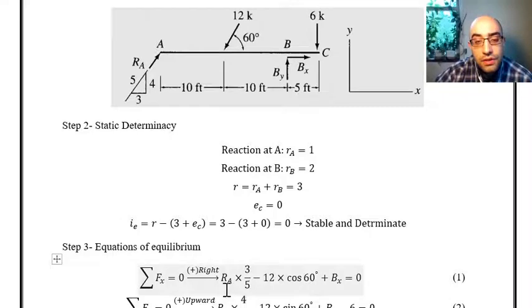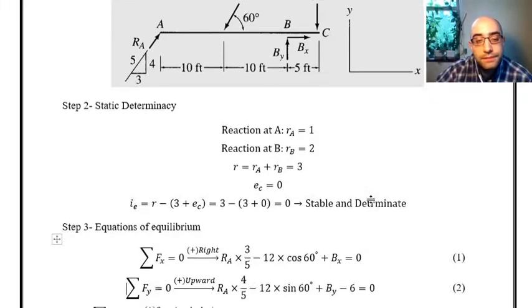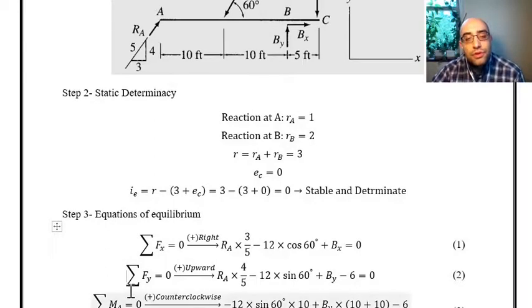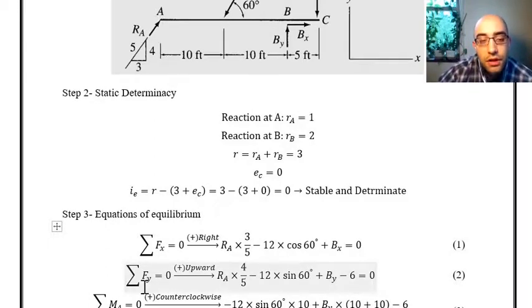As you can see in this equation, I have two unknowns, which means that this equation is not going to give me the unknown values. Let's write the equation for vertical direction and see what the situation is over there. So summation of forces in y direction equal to 0. And I'm going to assume positive is upward.